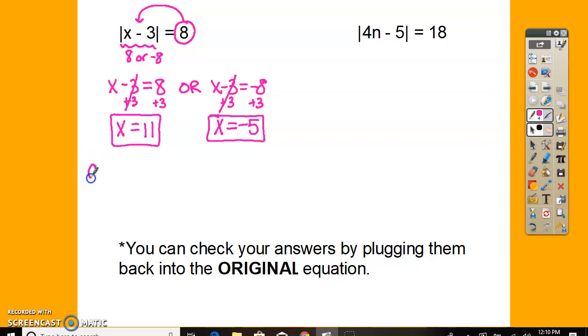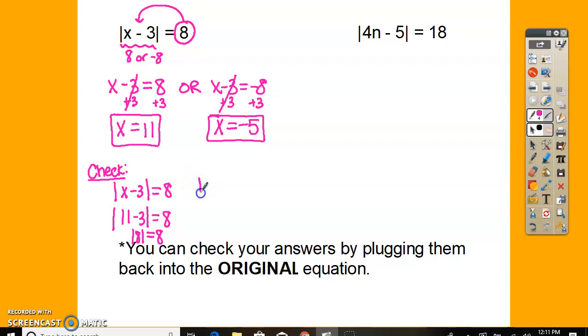If I were to check this, remember we can check by taking our answer and plugging it back into the original equation. My original equation was the absolute value of x minus 3 has to equal 8. If I plug in my 11 instead of x, 11 minus 3, I do get the absolute value of 8, which equals 8.